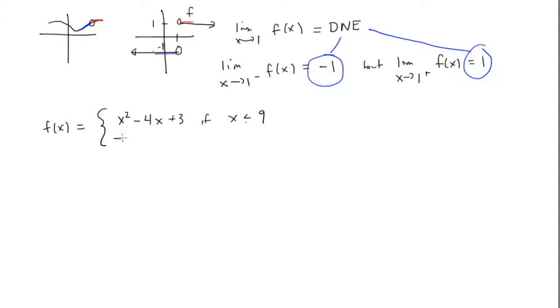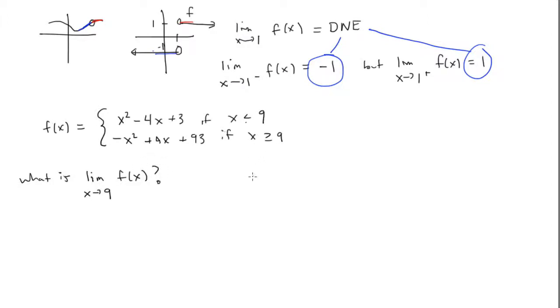And then if x is bigger than 9, it'll be defined to be minus x squared plus 4x plus 93. Okay, and so our question is, what is the limit as x approaches 9 of this function?